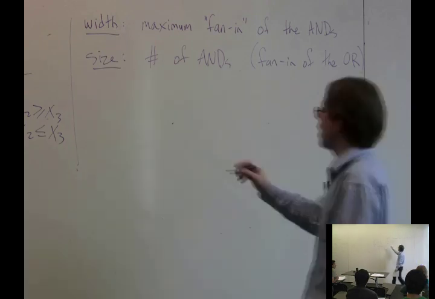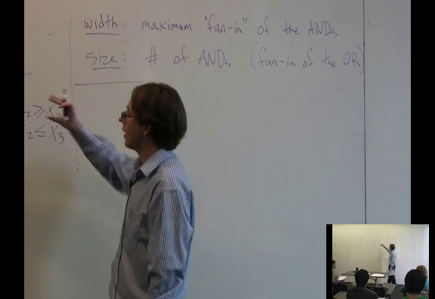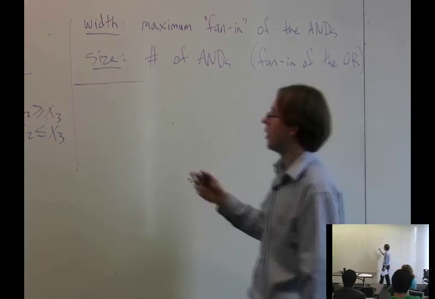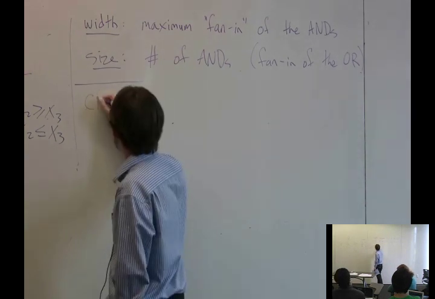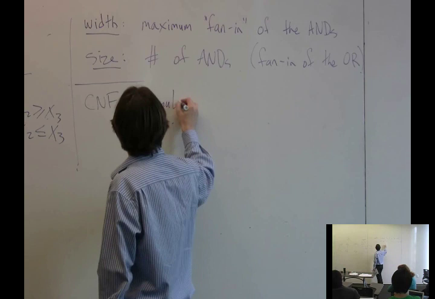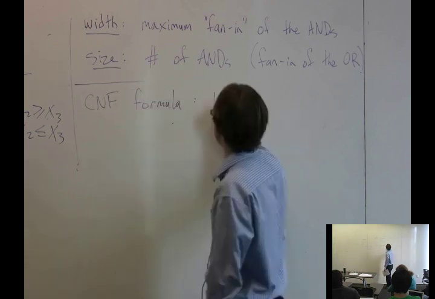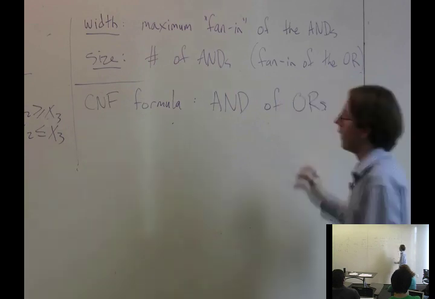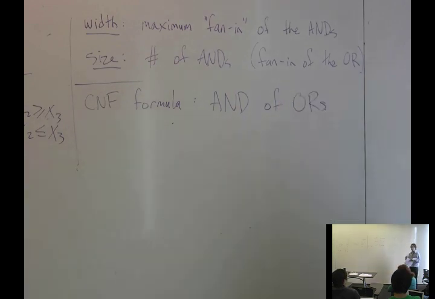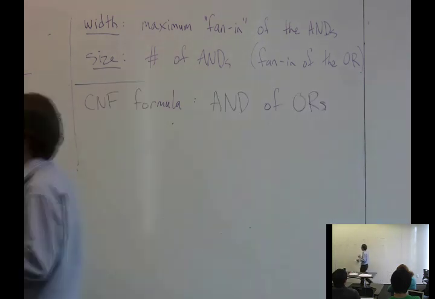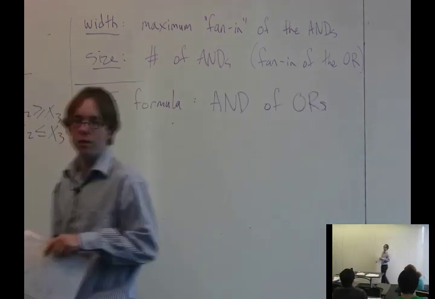One more piece of terminology. There's an analogous thing if you flip ANDs and ORs, or equivalently if you flip the notion of true and false. What's called the CNF formula, conjunctive normal form. These are the same thing, except it's an AND of ORs. But as I said, by De Morgan's laws, if you switch the notion of true and false, that converts a CNF to a DNF and vice versa.